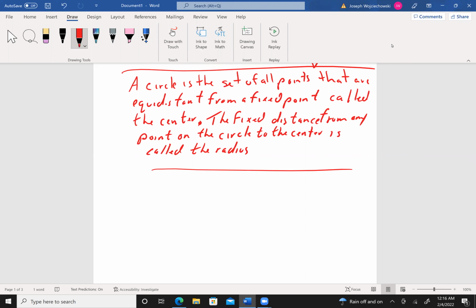So we can harken back to the distance formula. Square root of x2 minus x1 squared plus y2 minus y1 squared is equal to the distance.